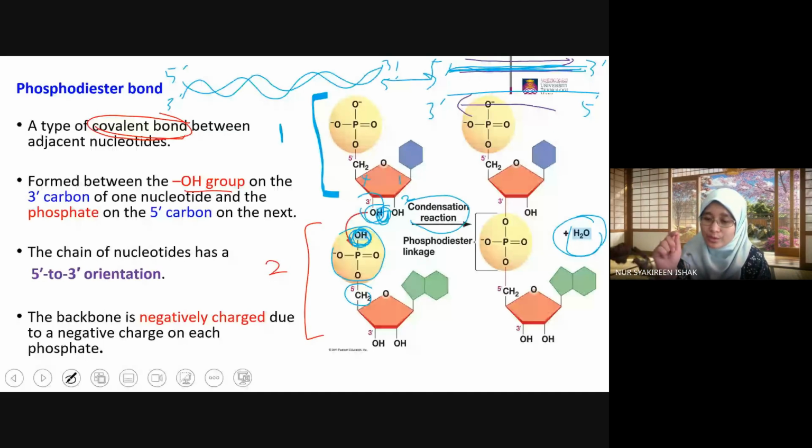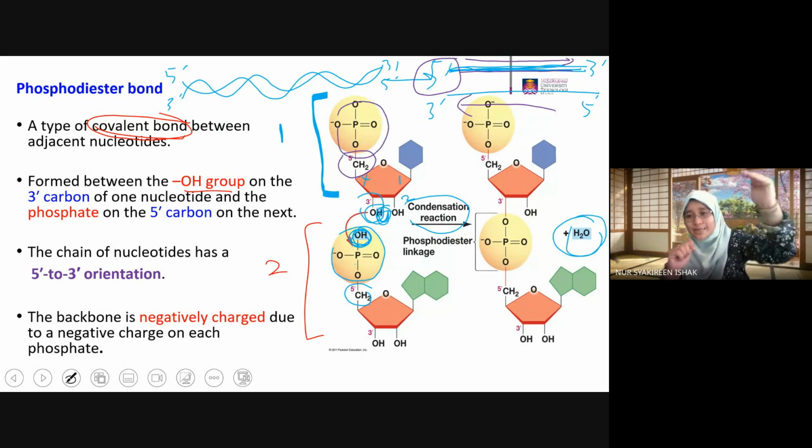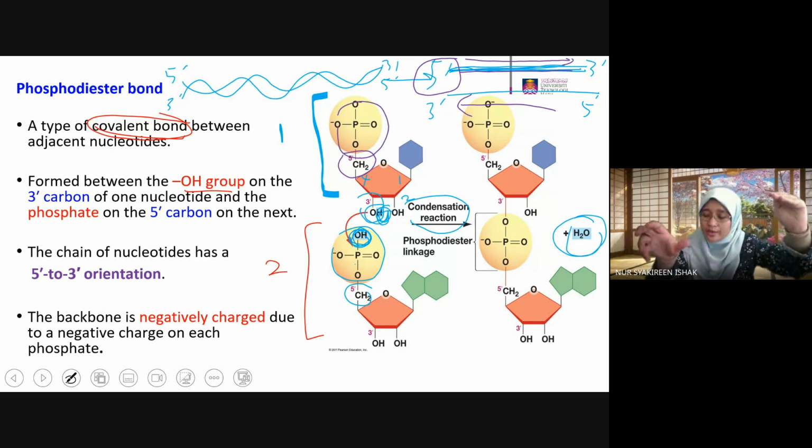For the polynucleotide, for example, the start of the strand starts with the 5 prime end. It starts with a nucleotide that has a 5 prime carbon bonded to its phosphate. This is the original, first end. Along the strand, the last nucleotide of the strand has a 3 prime carbon.